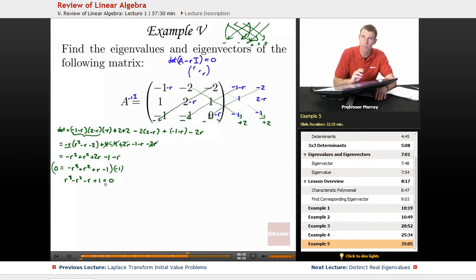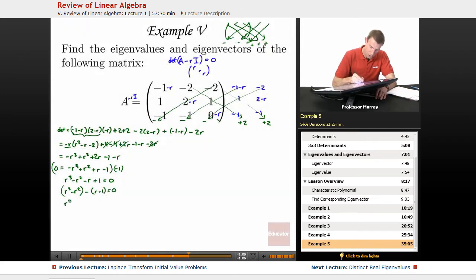Now, I'm going to solve this by grouping. I have to somehow factor a cubic polynomial, and it's usually useful to do that by grouping. So I'm going to write this as R cubed minus R squared, and then minus, I'll write this as R minus 1, is equal to 0.